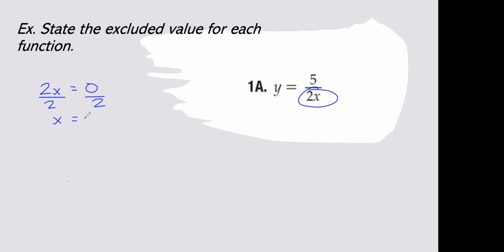Now 0 divided by 2 is 0, it is not undefined. So our excluded value would be when x equals 0, because you can't have a 0 in the denominator. Any other value we could put in there is fine except for 0.